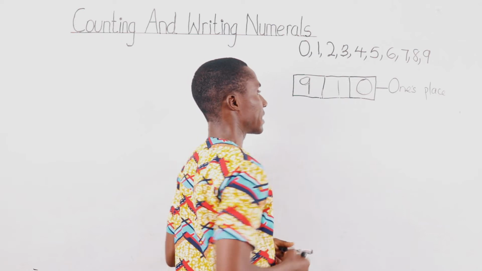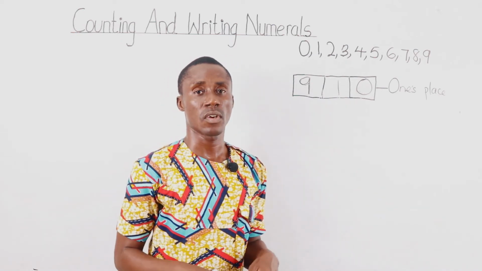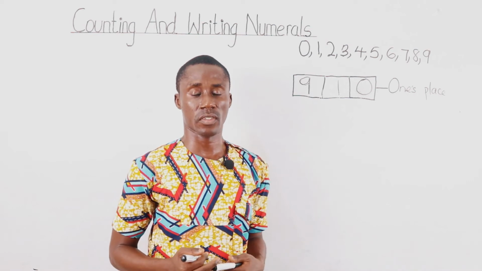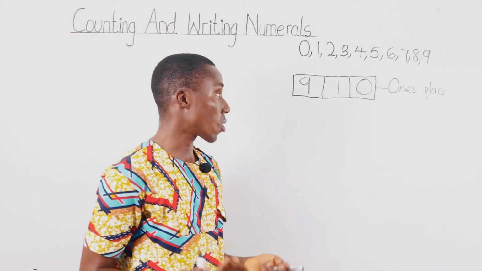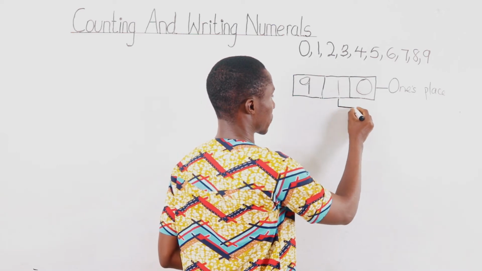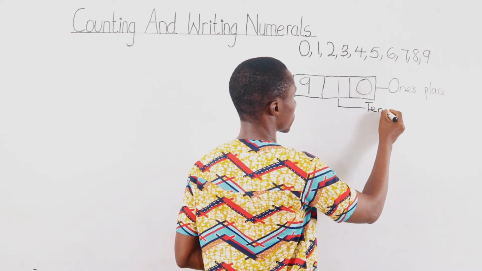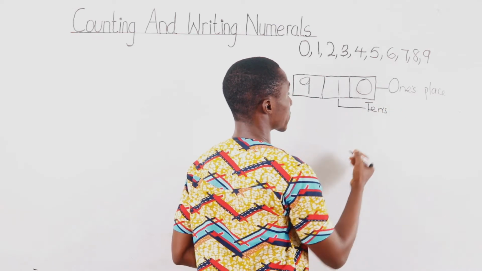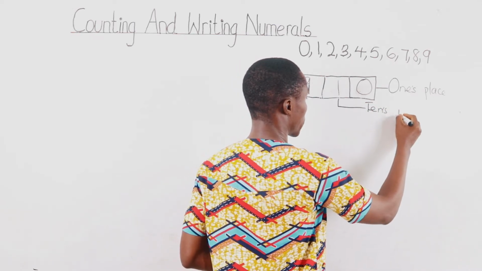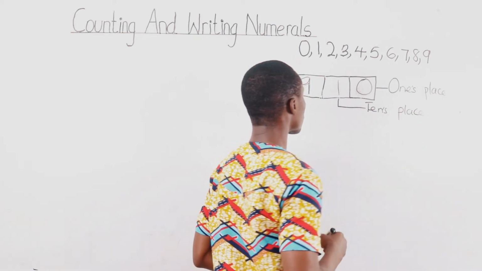The second number place is used to count tens or groups of tens, and therefore we call it the tens number place. So we have the tens number place, or we can simply call it the tens place.